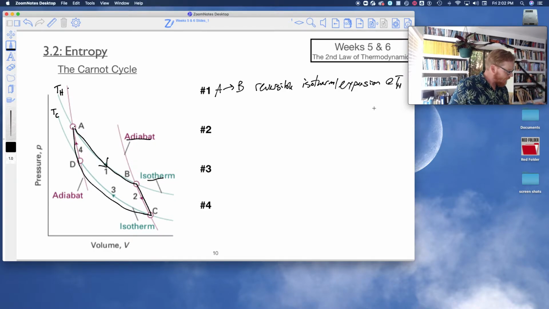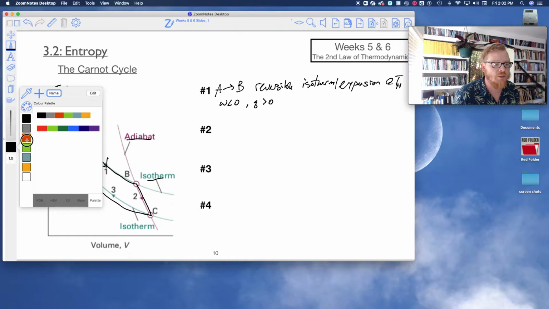Okay, and we also recognize that to make this isothermal, if we know that work is less than 0 because it's expansion, then that means Q has to be greater than 0. Okay, so now I will draw on this line here. Let's switch colors.